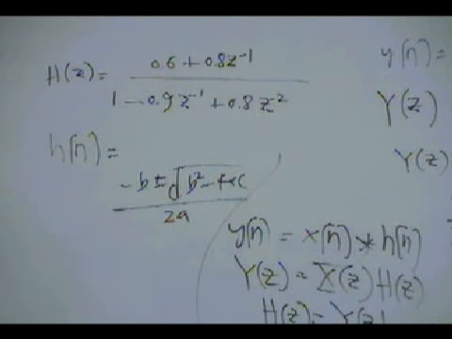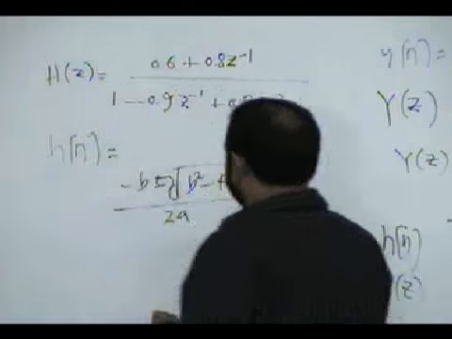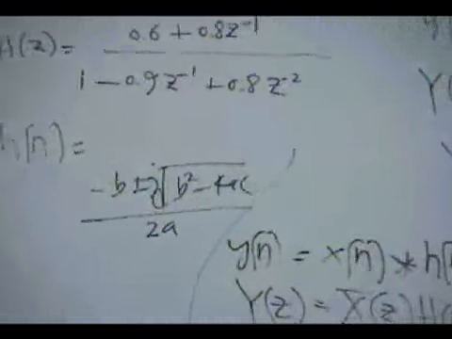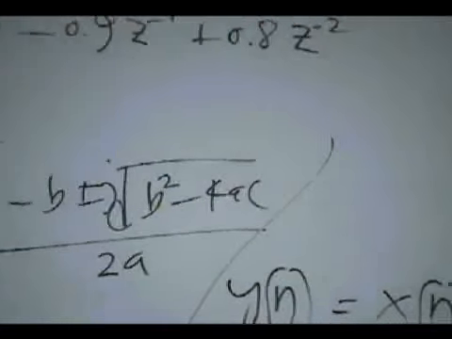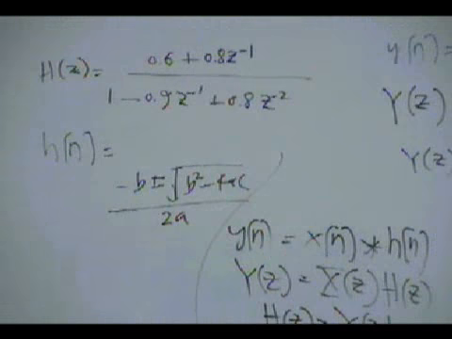What if b square minus 4ac is negative? What will happen? You will have complex poles. If b square minus 4ac is negative, you get imaginary poles.